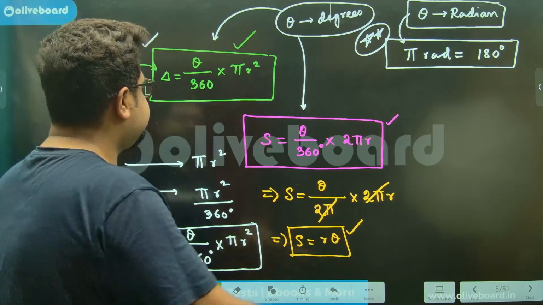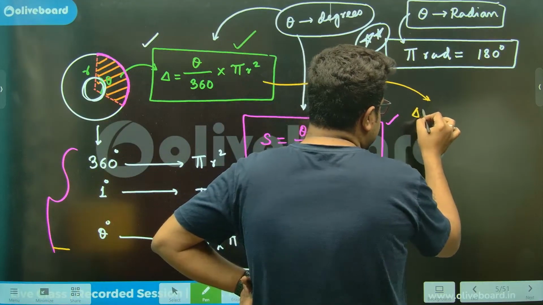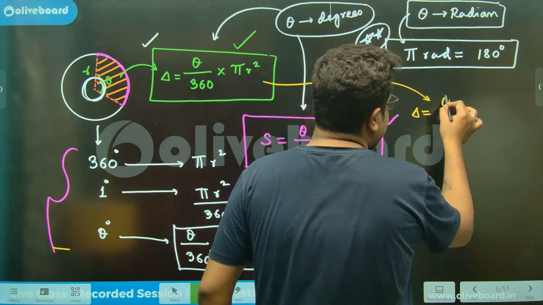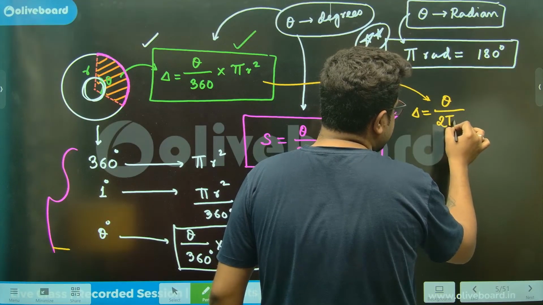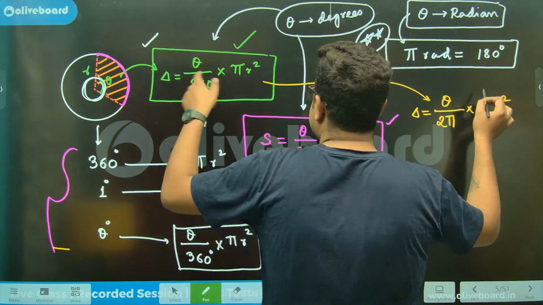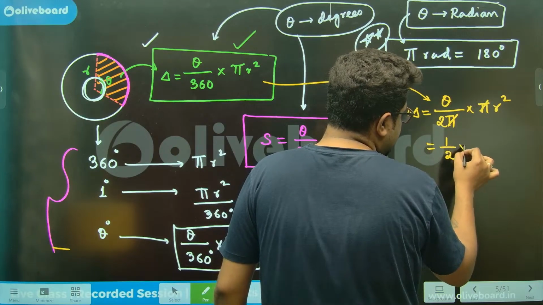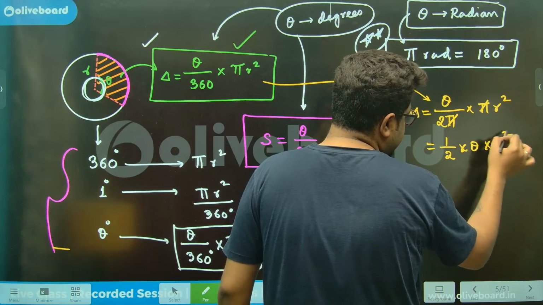And also from here, delta, meaning area, is equal to theta by 2 pi, because 360 is 2 pi, into pi r square. So pi cancels, and I can write half into theta into r square.